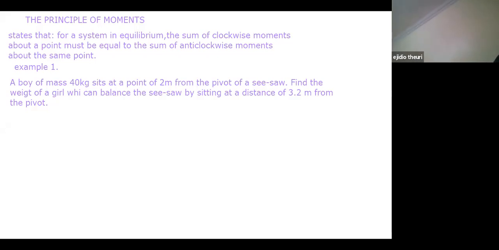So don't write the initials first, write clockwise moment is equal to anti-clockwise moment.